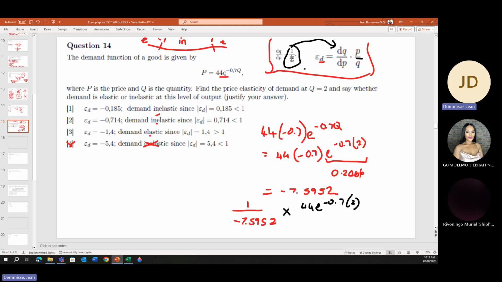That's my P formula, and my Q is 2. Okay, so at Q = 2, we know what the Q is, so we can substitute that. Now that nearly creates that we need to start with a lot more.